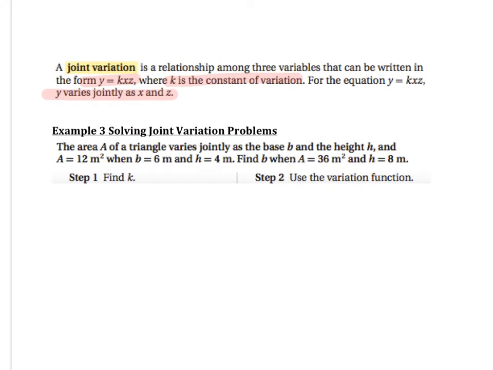So in this first one, the area varies jointly as the base and the height. The area is 12 when the base is 6 and the height is 4. So we find k.